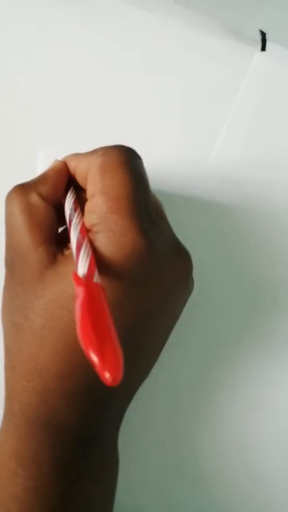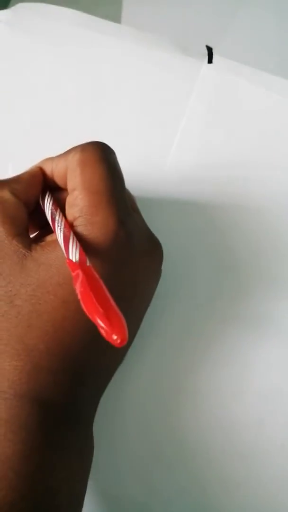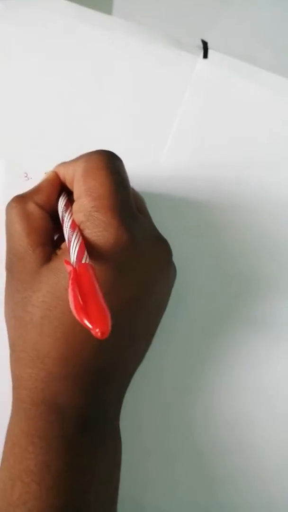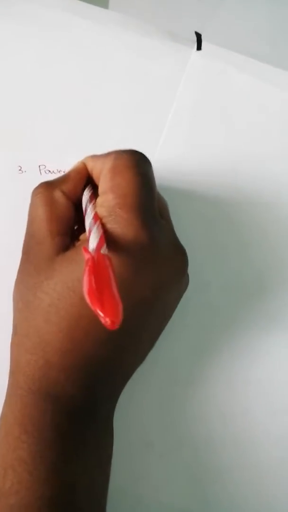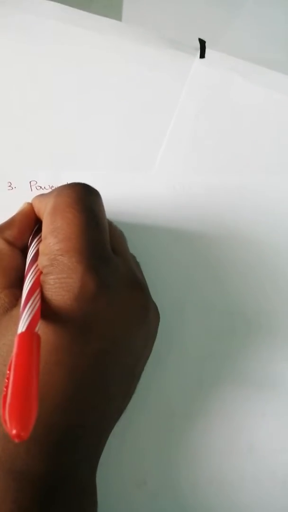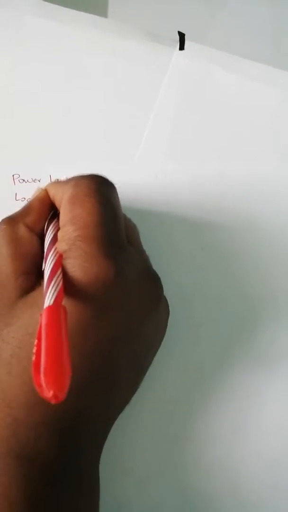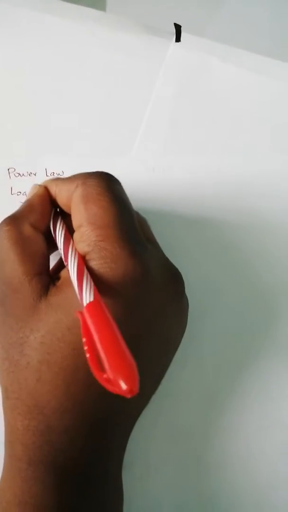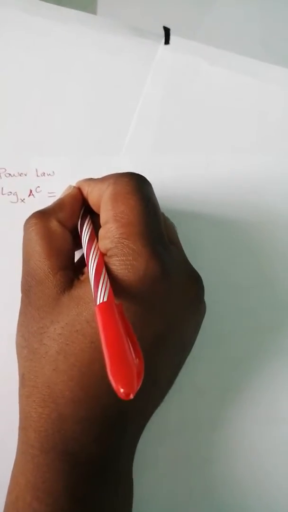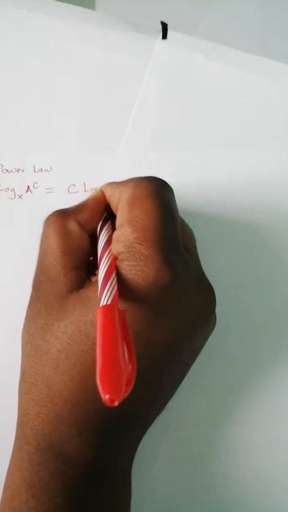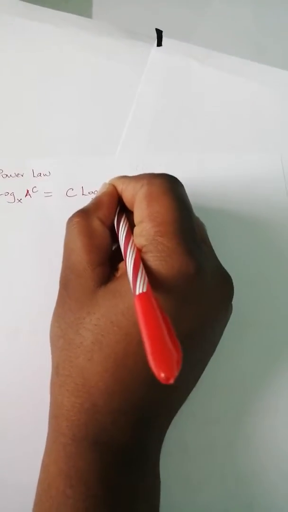We go to rule number 3. Rule number 3 is the power rule. The power rule states that log to base x of a raised to power c is just the same as c log a to base x.